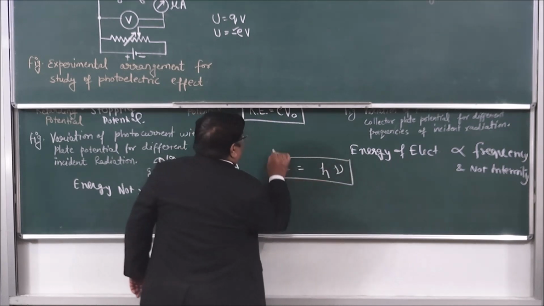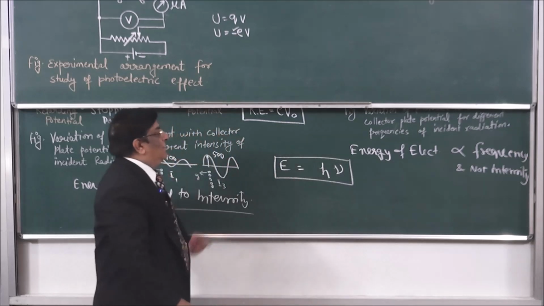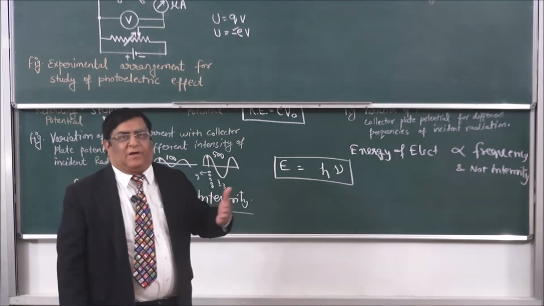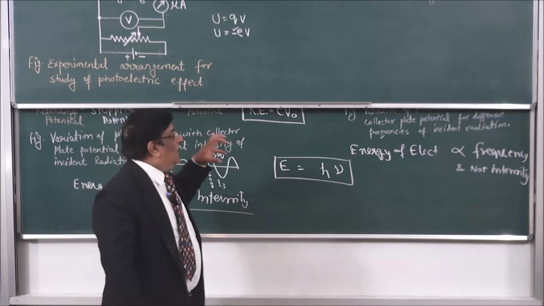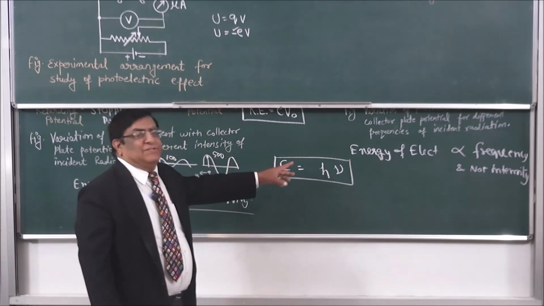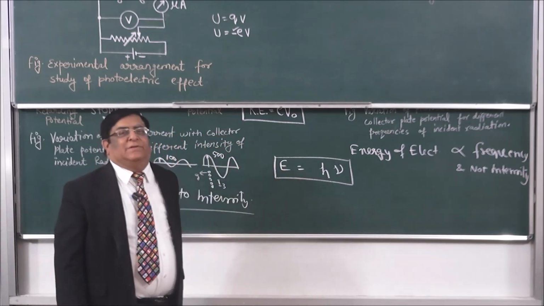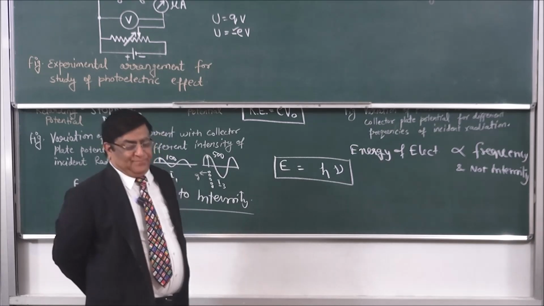E is equal to h nu, and if there are n number of photons, the total energy will be n into h into nu. So this is the energy of the photon.